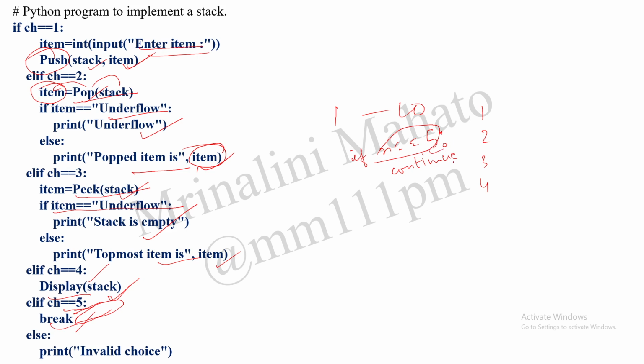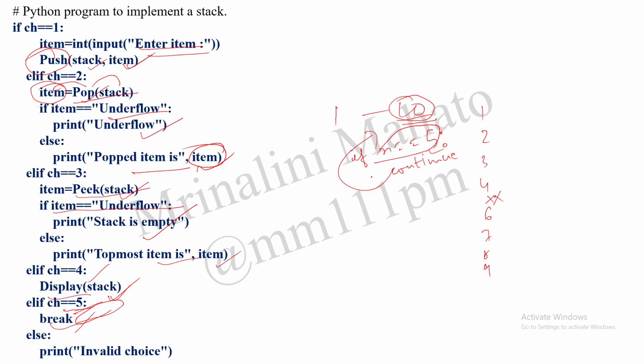When it matches continue, it will not display 5. It goes back to the loop and writes 6, 7, 8, 9, and if in the range function you have written 10, it will not display 10. So it displays 1 to 9 except 5. It will display everything else, right?